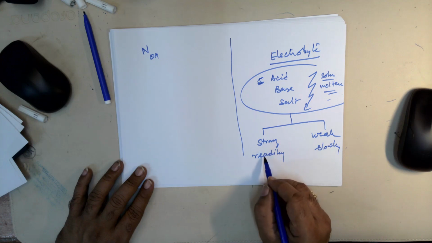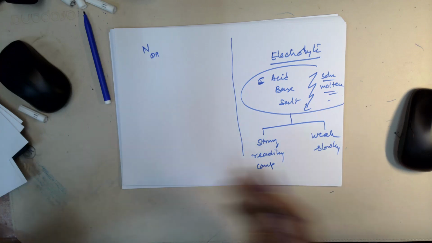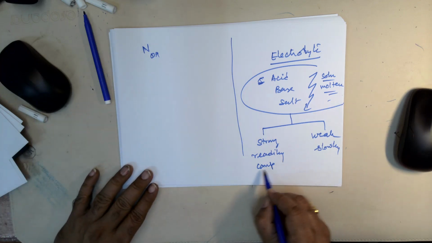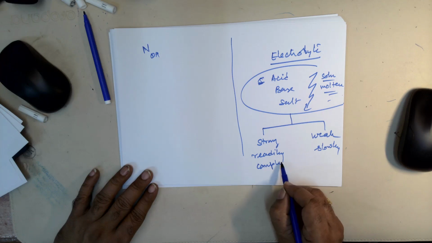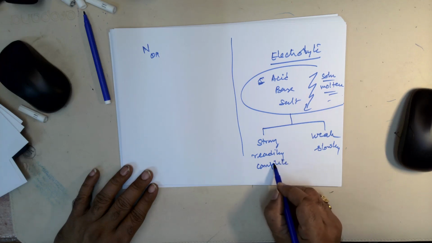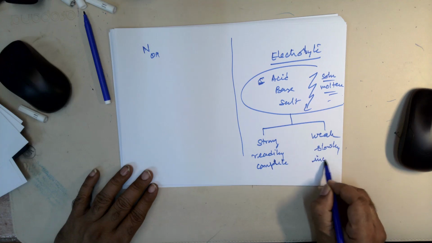Strong electrolytes undergo complete ionization. If you have 5 moles of strong acid, all 5 moles are dissociated, so completely ionized. Whereas this is incomplete ionization.